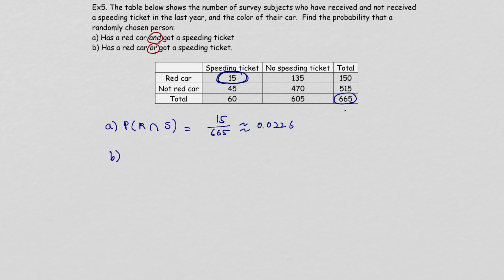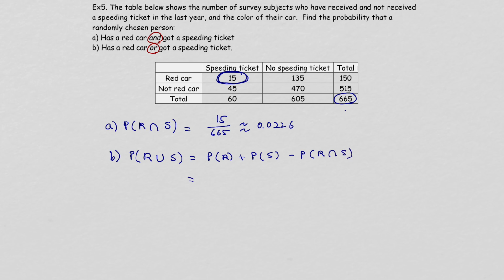B, getting the probability of red or speeding ticket, is going to be addition. So it's the probability of getting a red plus the probability of getting a speeding ticket minus the probability of getting red and speeding ticket, right?